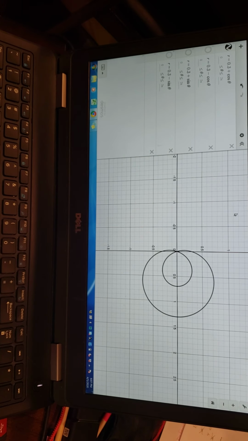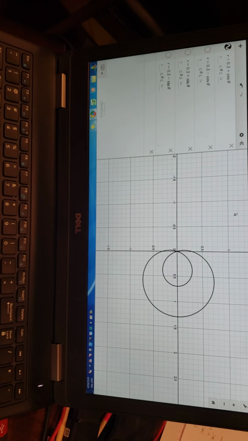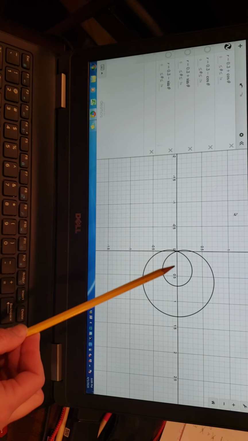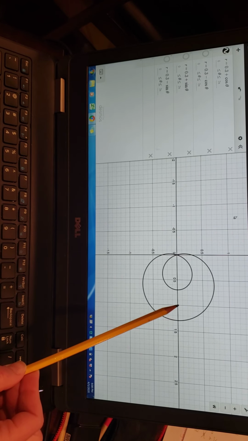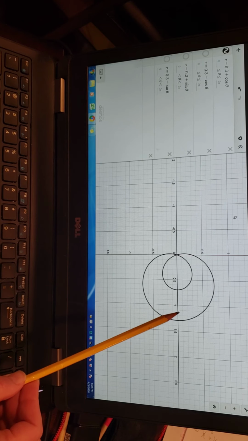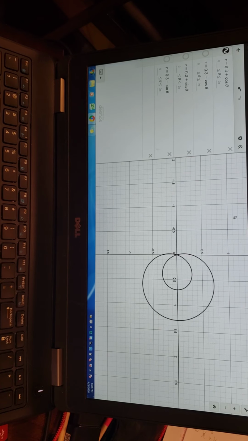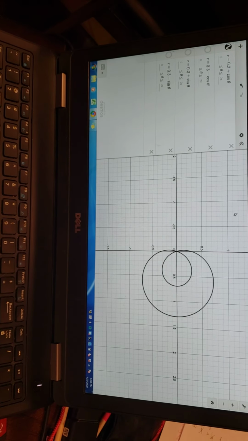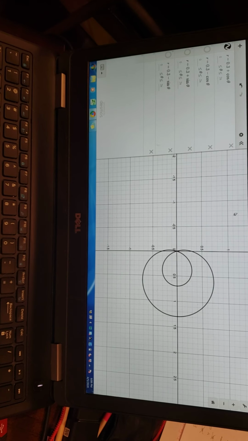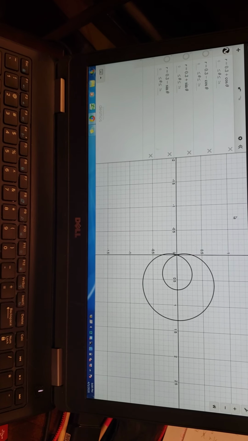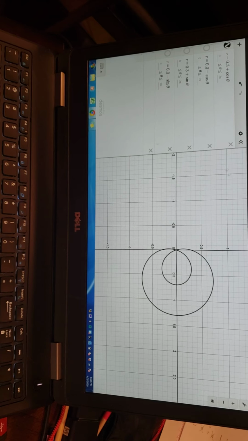Okay, that 0.7 is coming from something. The absolute value of A is 0.3. The absolute value of B is 1. Now, let's see how long the entire length is. So this is 1, 0.1, 0.2, 0.3. The length of the entire limaçon is 1.3. So, let's check on the next.